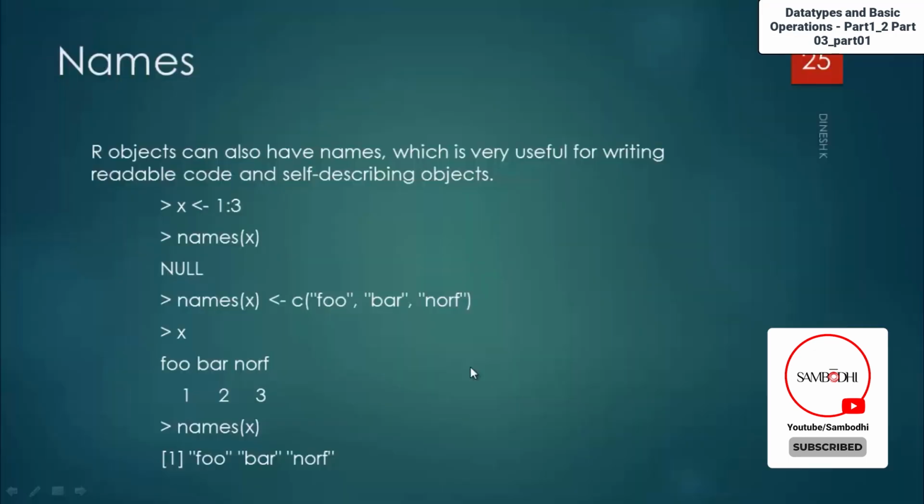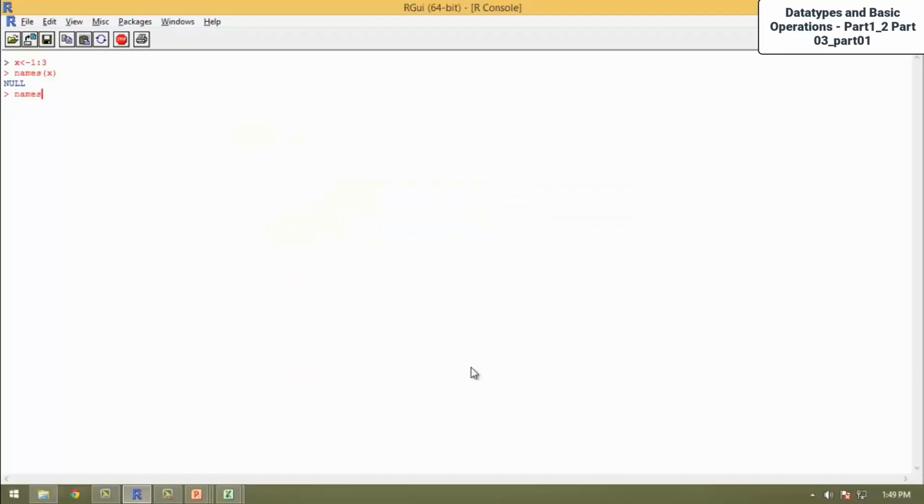Now if I want to add names to that, you can add it by using names of x. This names of x will be a vector which will be assigned to the values 1, 2 and 3. Now let's say I want to assign A, B and C. Now the names have been assigned. Now if I see names of x, you will get A, B and C, and the values of x are 1, 2 and 3.